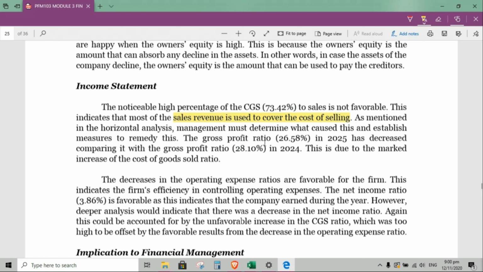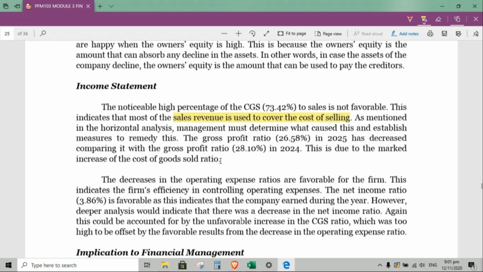Okay, so the gross profit ratio, which is 26.58% in 2025, has decreased compared with the gross profit ratio of 28.10% in 2024. This is due to the marked increase of the cost of goods sold ratio. So, anyway, kahit na paano naman, from 2024 na 28%, bumaba sila noong 2025, naging 26%.